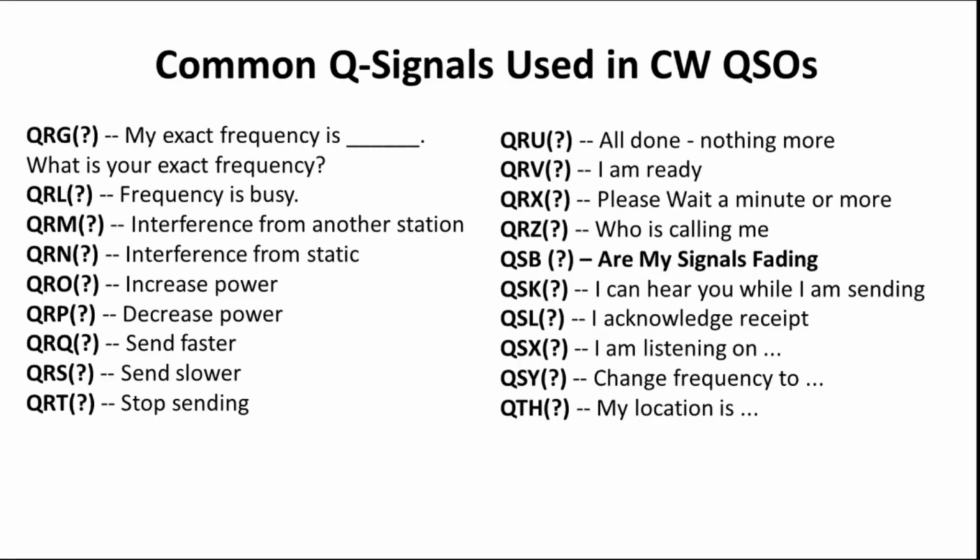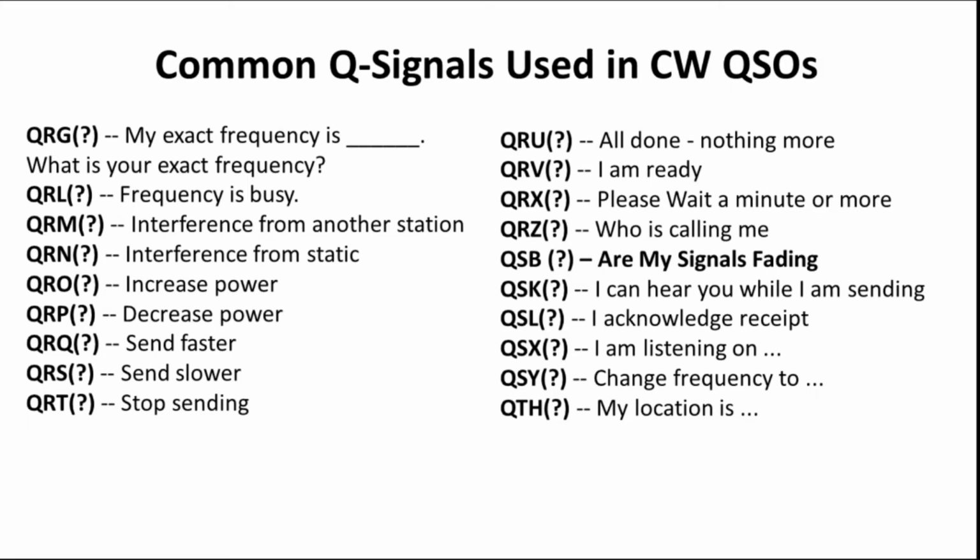Q codes we talked about, and these are just a short list of what a lot of ham radio operators will use. I think we have used some of these during the last few lessons. QSK, QSL. QSLs are used a lot, as you probably know.